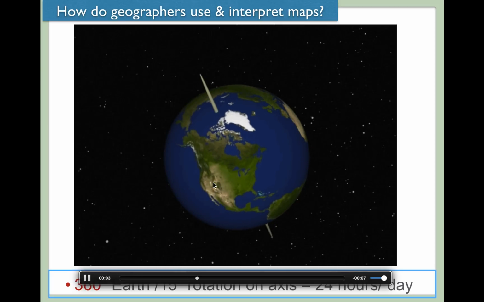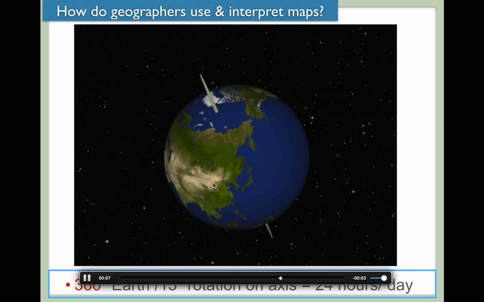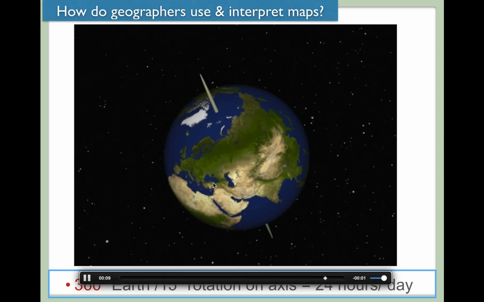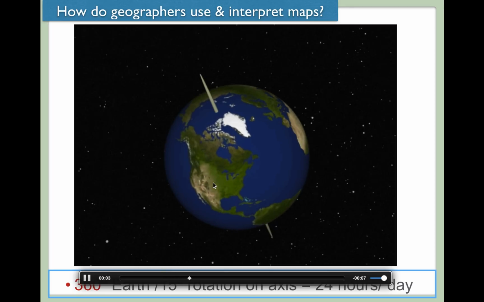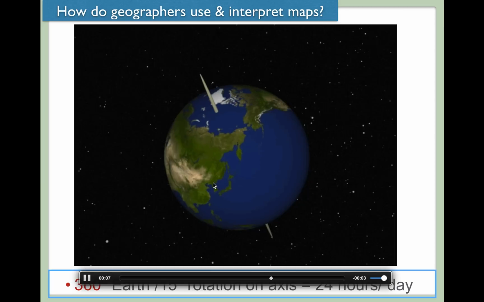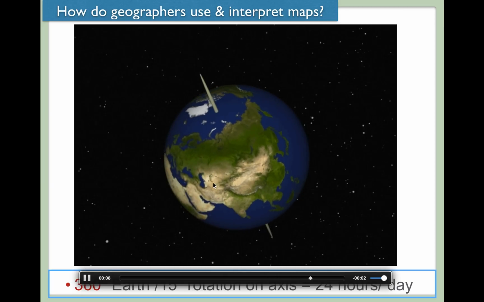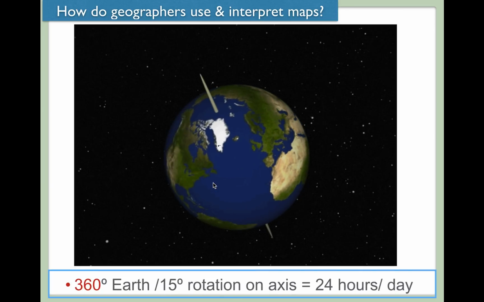It takes 24 of those for the Earth to make a full rotation. So if we divide that full rotation, 360 degrees, by 24, we get 15 degrees of longitude. In other words, each time zone corresponds to 1 hour of the Earth's turn. One turn of the axis completes a day.